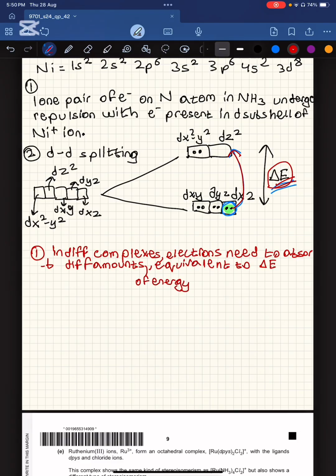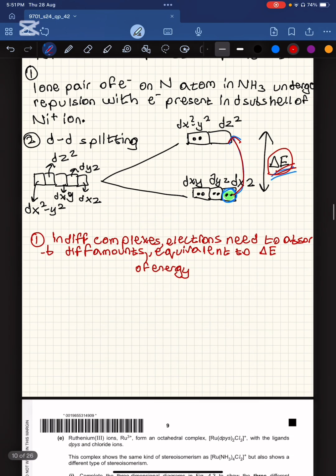For example, if complex A requires 20 joules of energy and complex B requires 40 joules of energy, where do they get the 20 and 40 joules of energy from? They get them from absorbing particular wavelengths of light. For example, one complex will absorb red light, the other complex will absorb blue light. One complex will absorb green light, the other complex will absorb yellow light.